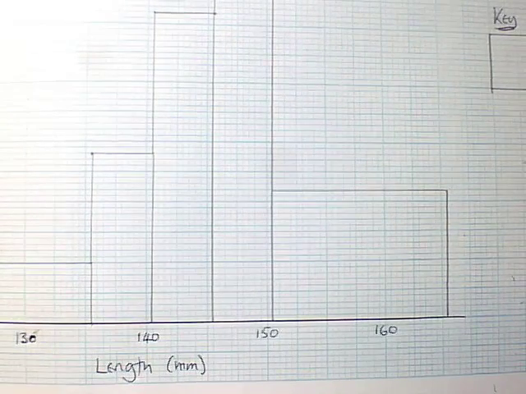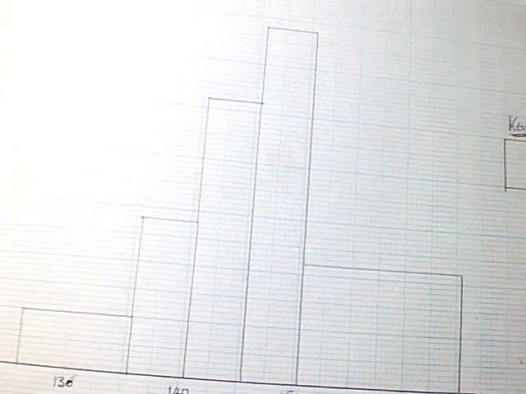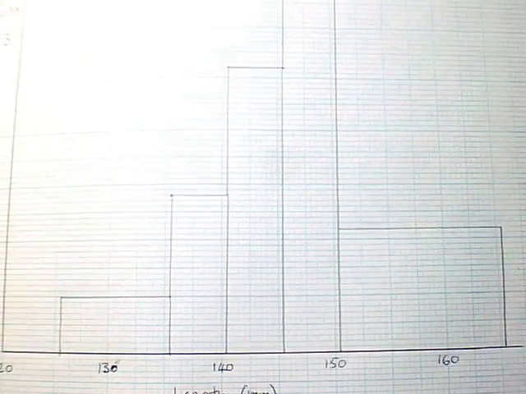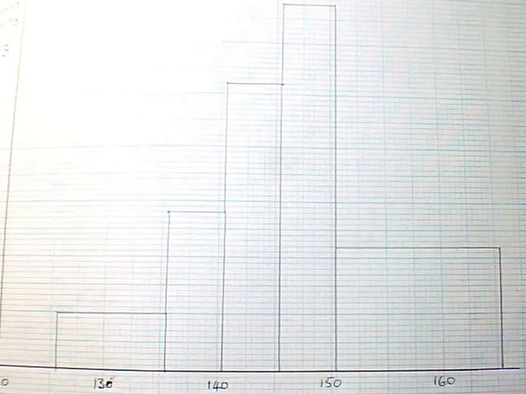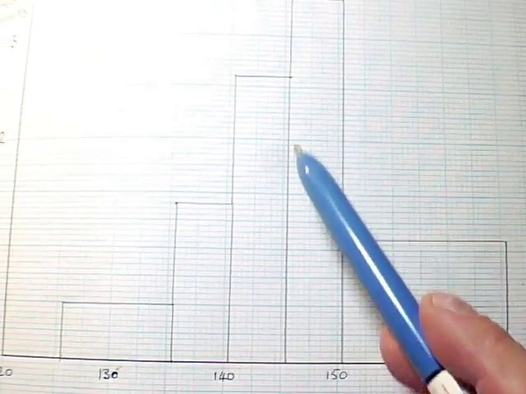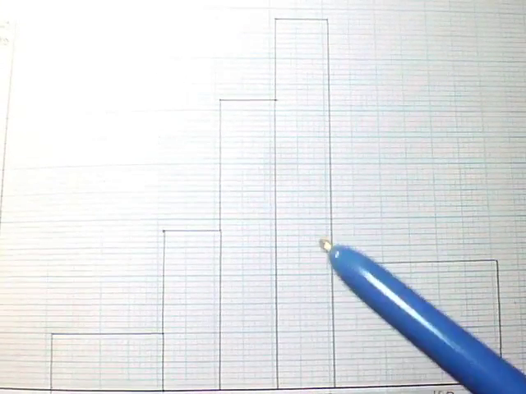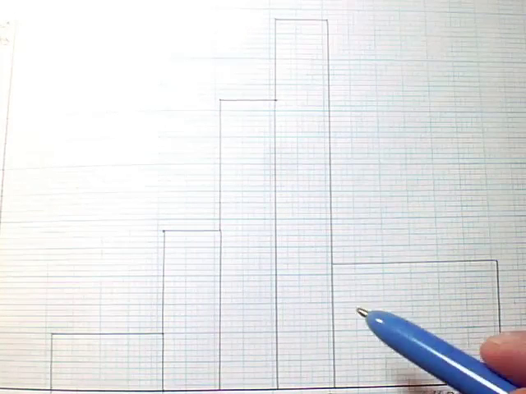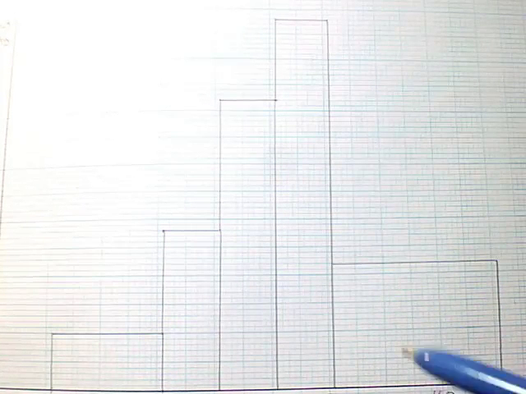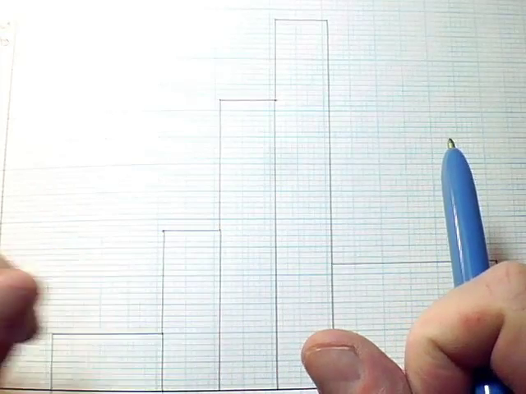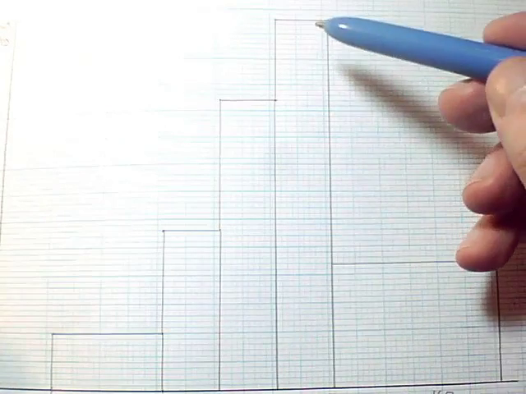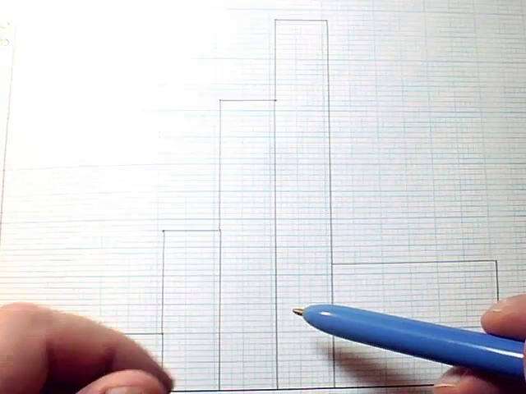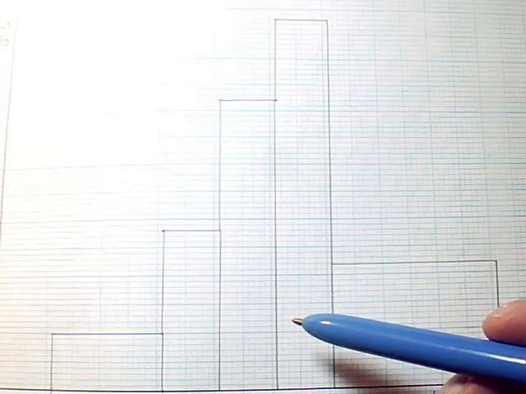The other thing I had to do was comment on the shape of this distribution. I can see that this is not symmetrical. I've got a peak, but the peak is not in the center. If I'd started with a symmetrical distribution with a central peak, then I can see that it would have been pulled slightly that way. Because the peak is slightly to the right of the center, it's been pulled towards the low values.